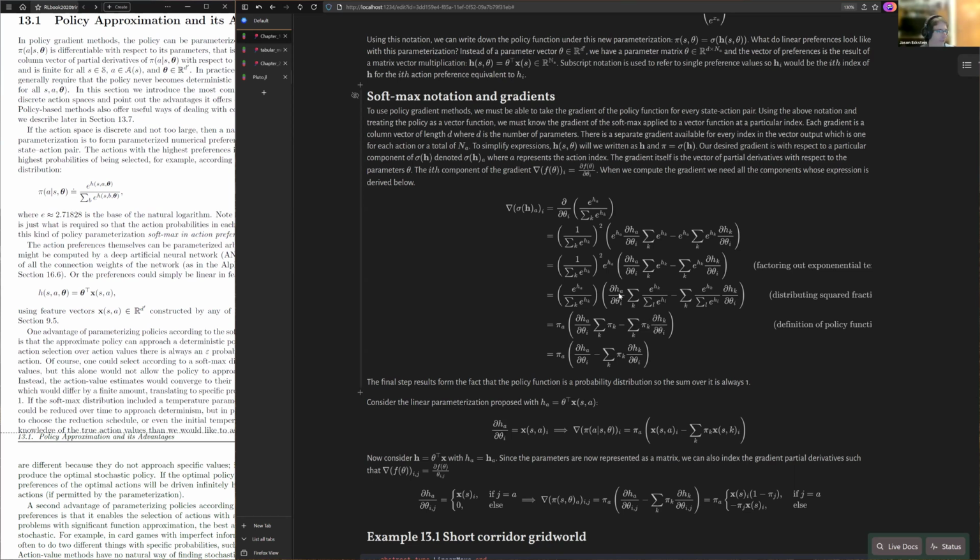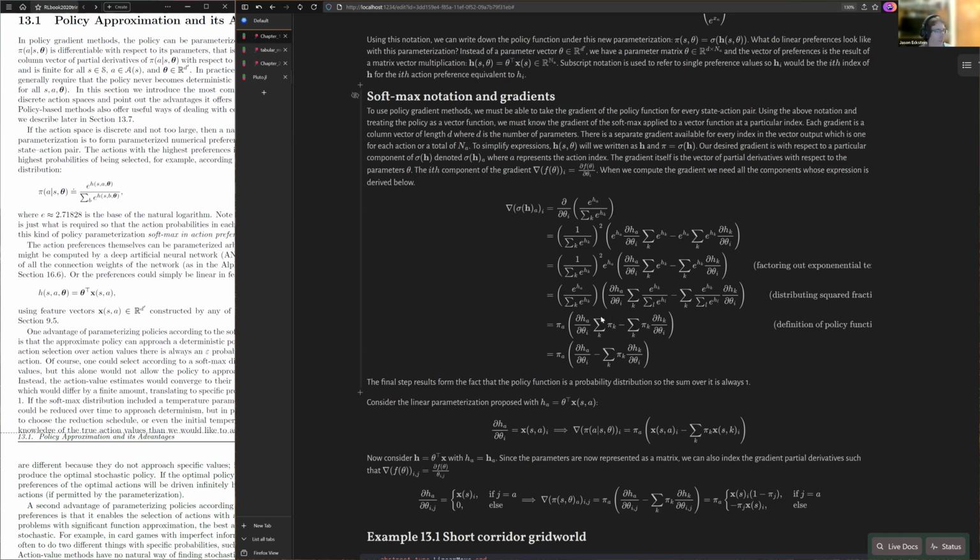Now, another thing that happens that simplifies this greatly is that this part of the sum is just the sum of the policy function over all of the indices. And here I'm omitting s and theta in these expressions, so this is the policy function at a particular state.